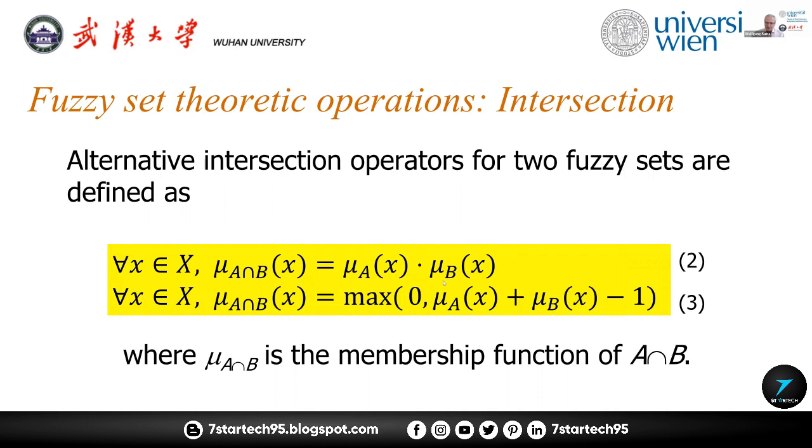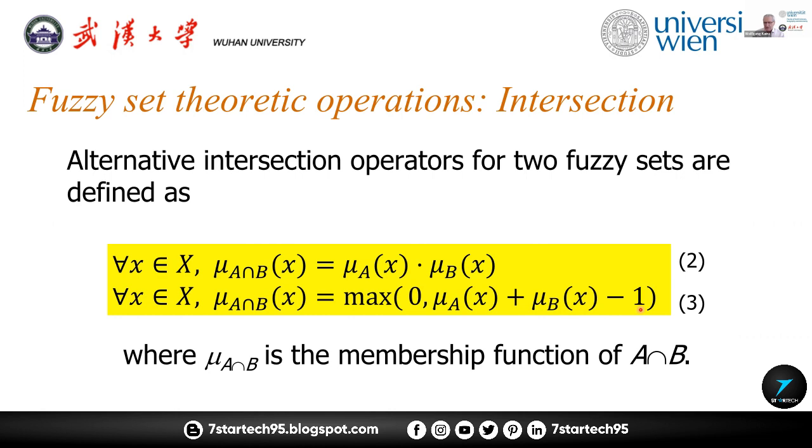One is taking the product of the membership values. Sometimes this operator is also called soft intersection. So sometimes in literature you will see the term soft intersection for fuzzy sets, meaning using the multiplication operator, multiply the membership values. And the third one is taking the maximum of 0 and the sum minus 1.